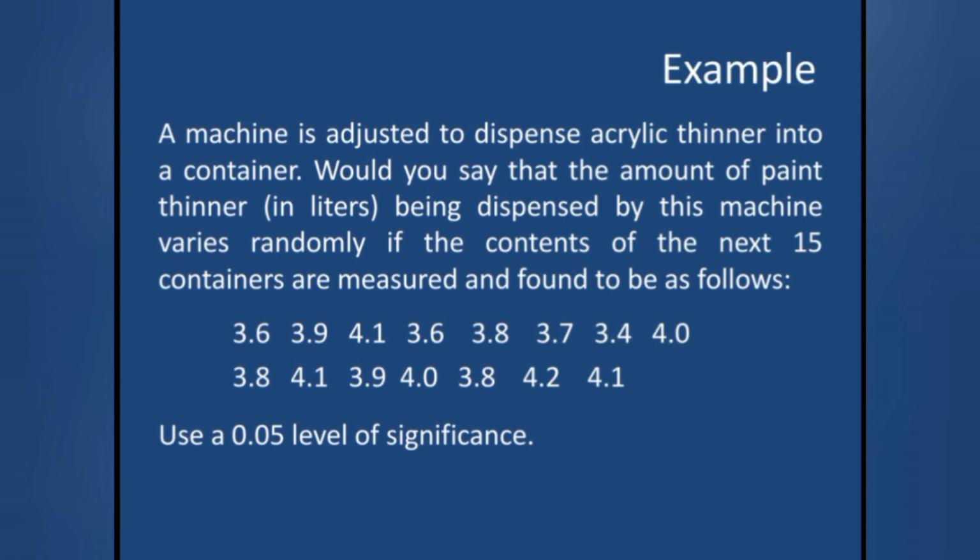Ito yung ating data ng 15 containers, the amount of paint thinner in liters. So, ito talaga yung arrangement niya na 3.6 ang una, then pangalawa 3.9, then 4.1, and so on.